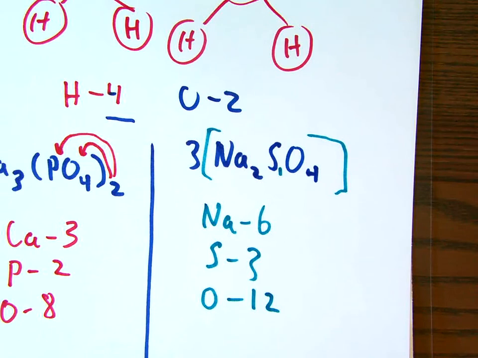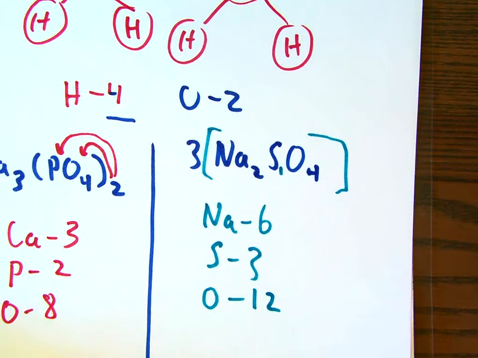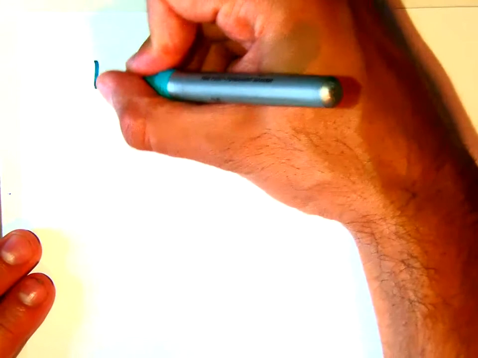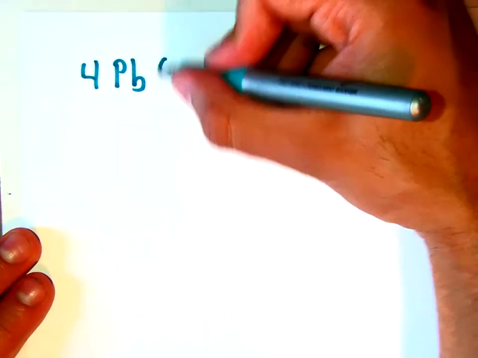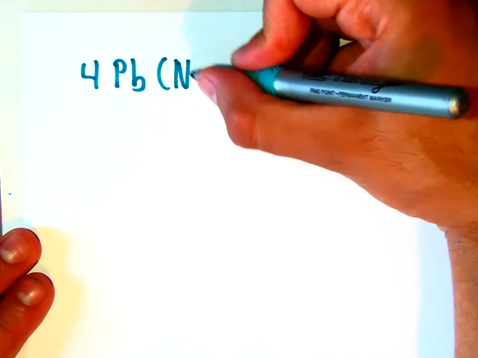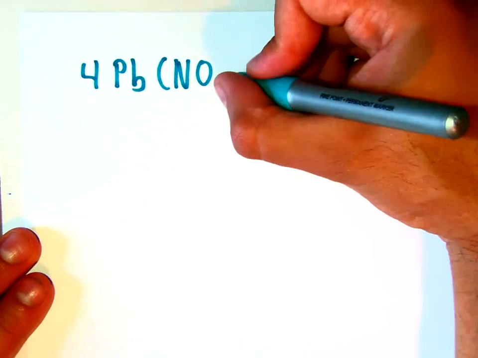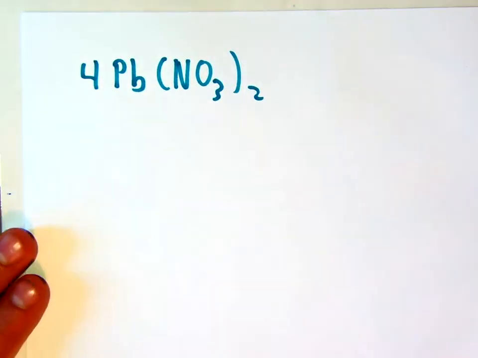I'm going to work through one more example with you. The last example we're going to do is 4Pb(NO3)2, where Pb is lead.